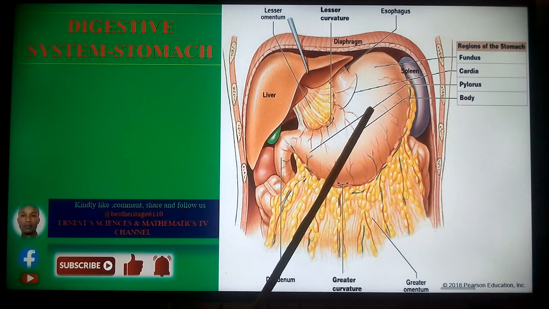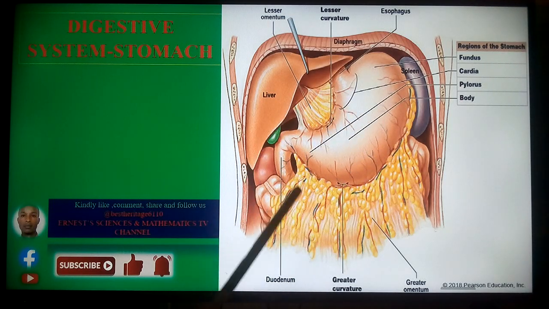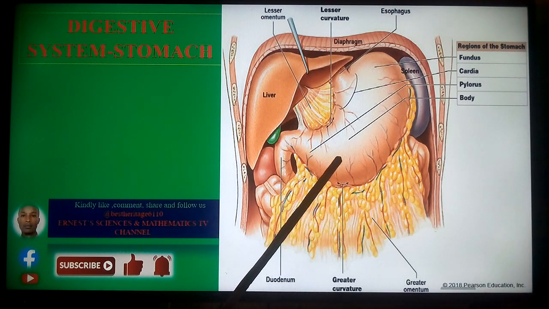Now we're going to look at the cross-section of the stomach and the various muscles contained therein. They assist in ensuring that during contraction and relaxation, the food is churned and turned into a mixture appropriate for the subsequent processes of digestion.